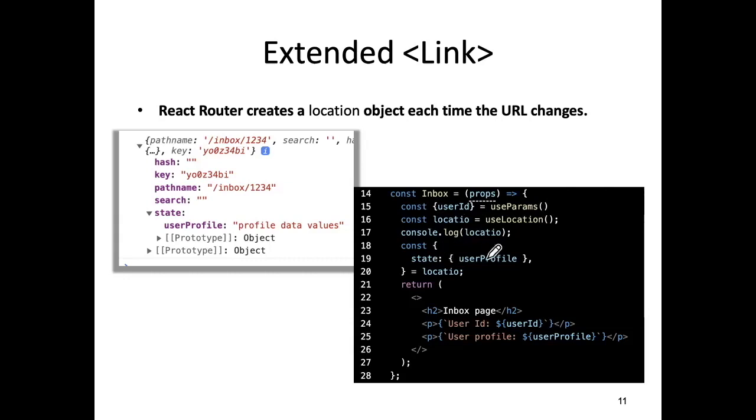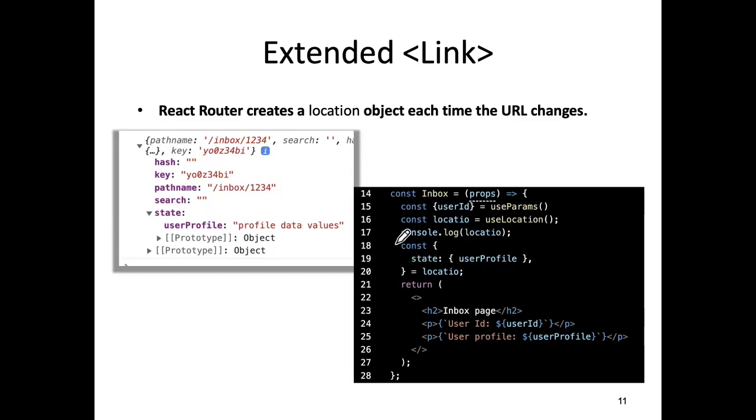The nice thing about destructuring is you can use it to drill down into nested objects within an object. So in my case, I want to drill down into the state property within my location object. And that's really what I'm doing over here.